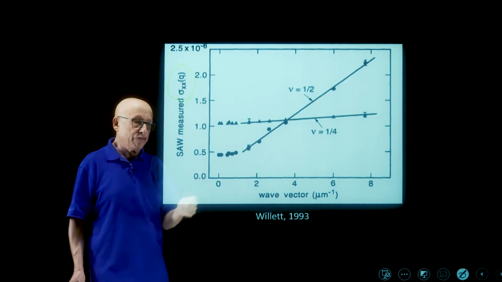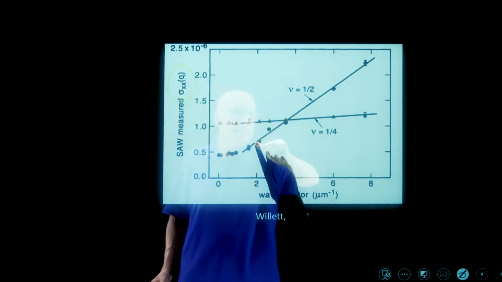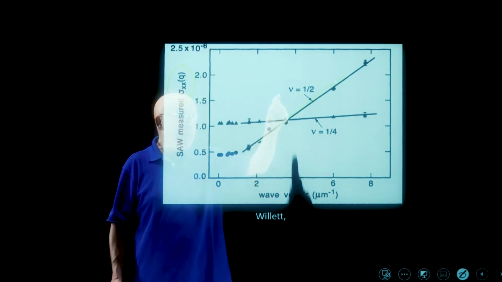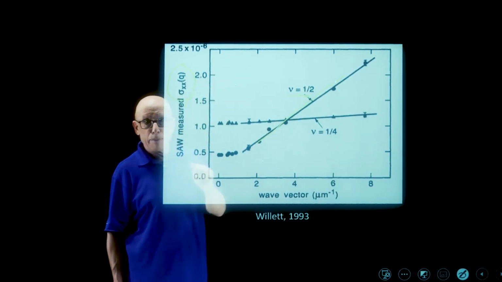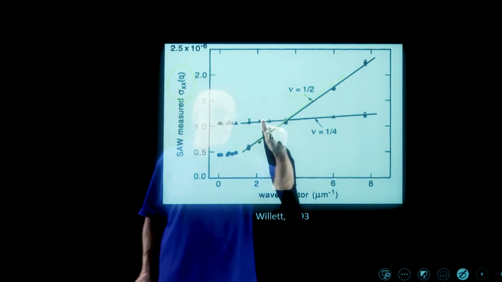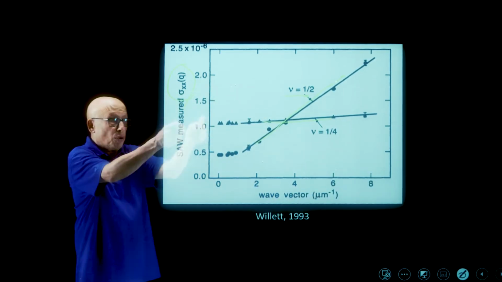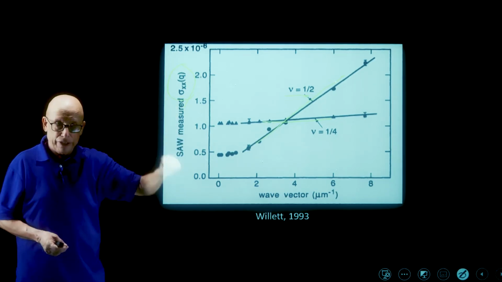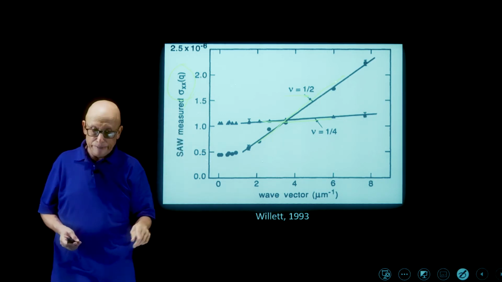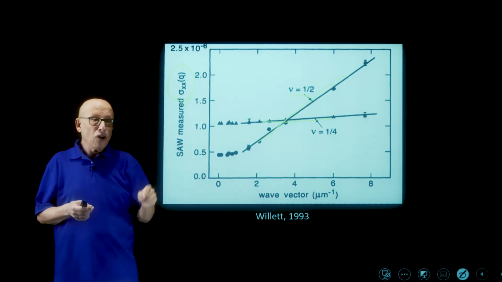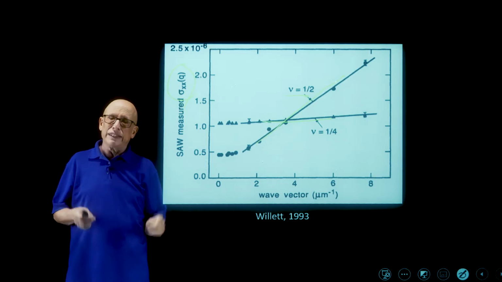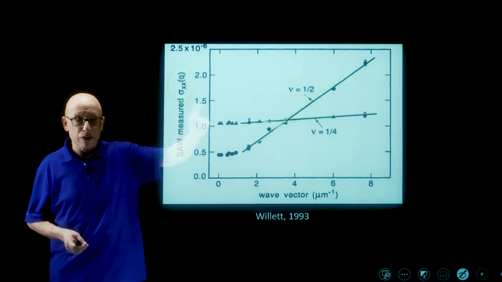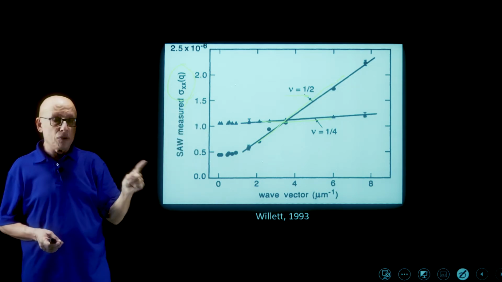And you see from this experiment that sigma xx is linear in wave vector at 1/2 exactly for delta B equals 0, and in fact also at 1/4. So what we see from this is the prediction of composite fermion theory for the longitudinal conductivity as a function of q at filling fractions which have nothing to do with the quantum Hall effect. There is no quantum Hall effect there.